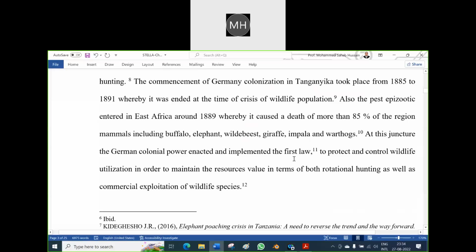This is 10. "At this juncture, the German colonial power enacted and implemented the first law," and comma, then 11. See, when you are writing here, can you write the comma there?